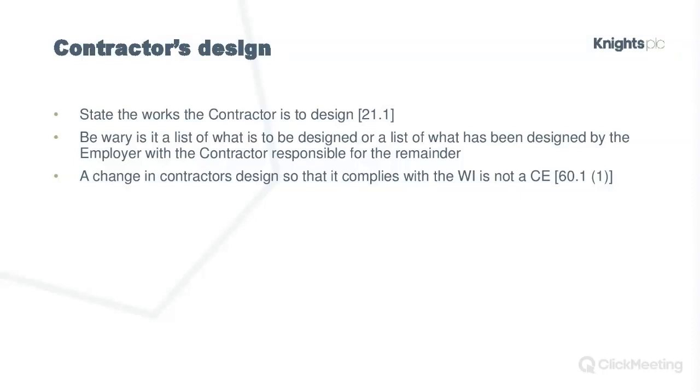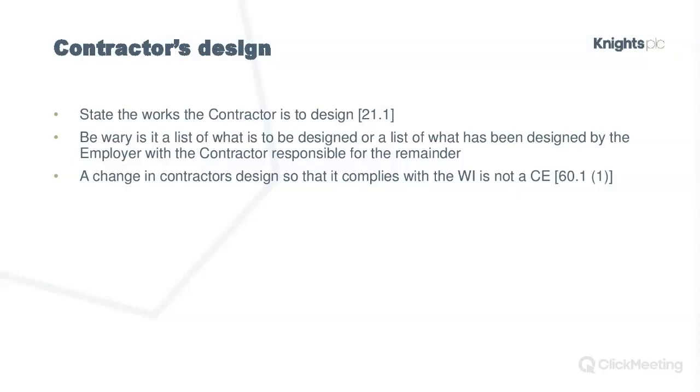Does it say something like, contractor is responsible for all design except the following A, B, and C, which the employer has designed? That is a very wide design provision for a contractor, or a subcontractor in a subcontract, because basically you are responsible for everything with the exception of A, B, and C. A preferable way of doing it for a contractor or subcontractor is to say the employer has carried out all the design, and the contractor's only design responsibility is A, B, C. So that's the limit of your design responsibility.